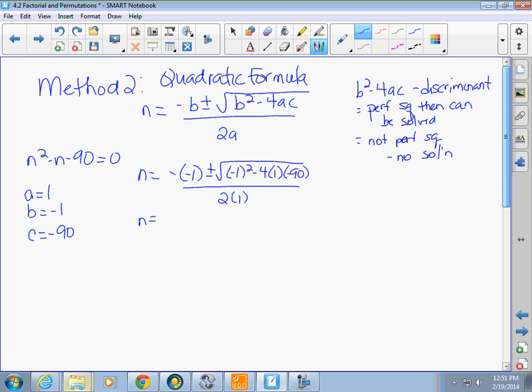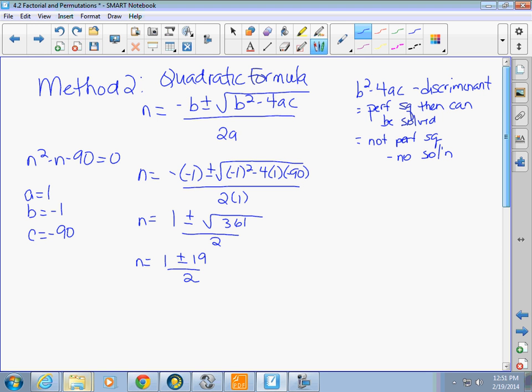So this is 1 plus or minus the square root of 361, all over 2. So n is equal to the square root of 361, which happens to be a perfect square, 19, over 2.